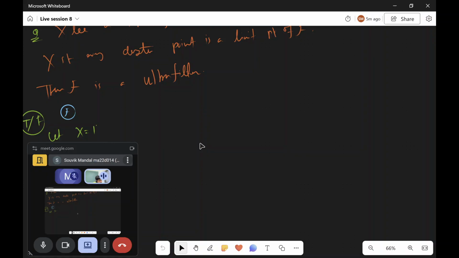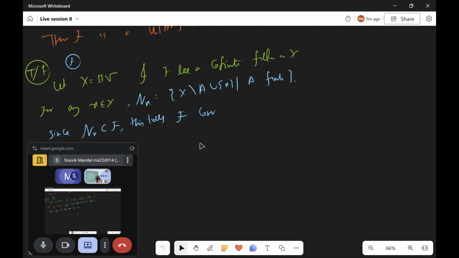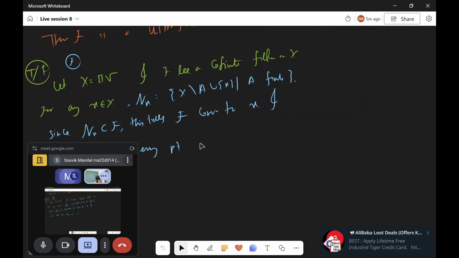Now choose X equal to the natural numbers and F to be the cofinite filter on X. Now for any x belonging to X, we have N(x), the neighborhood filter, whose sets are of the form X minus A union {x} with A finite. Since N(x) is a subset of F, this tells us F converges to x, and so F converges to every point of X.